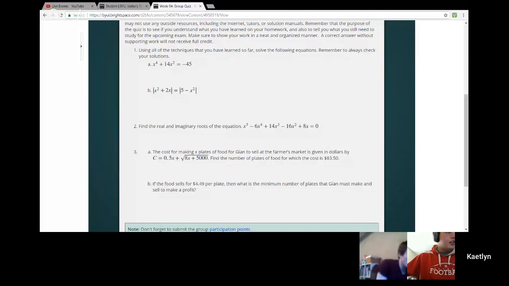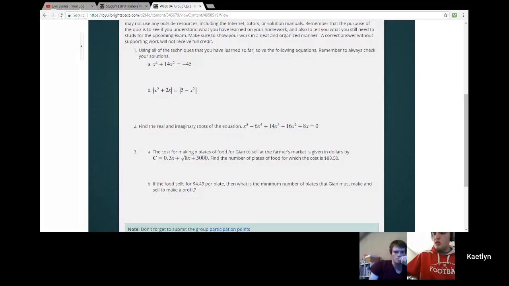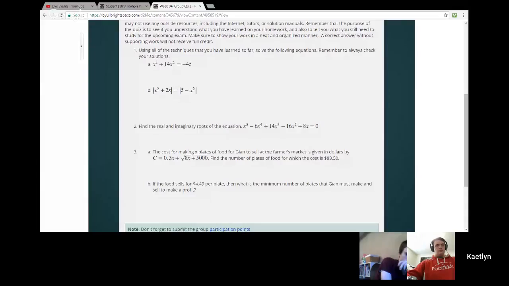Number 3. Okay, sweet. So number 3A. The cost of making x plates of food to sell at the farmer's market is given in dollars by C equals 0.5x plus the square root of x squared plus 8x plus 5,000.